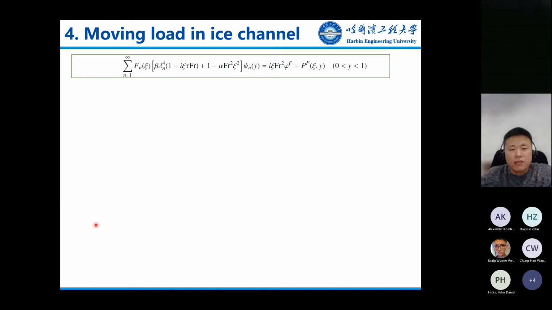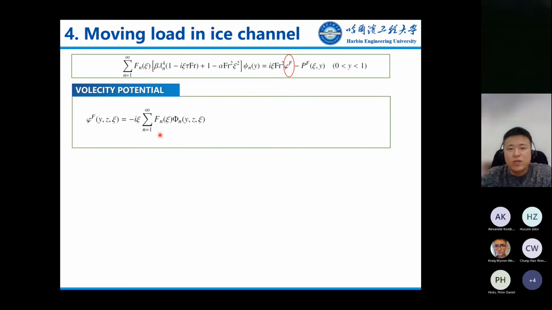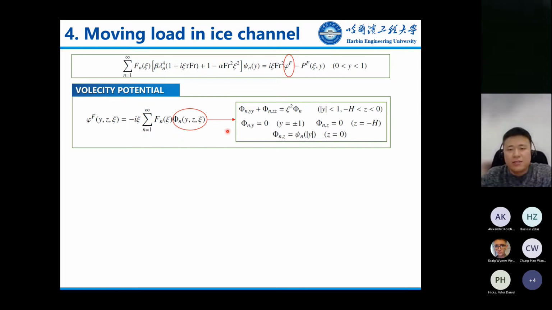Then we need to solve the velocity potential. The velocity potential small phi can be written as a series solution in terms of the kinematic boundary condition at the upper boundary. The functions big phi are the solutions of the boundary value problem.